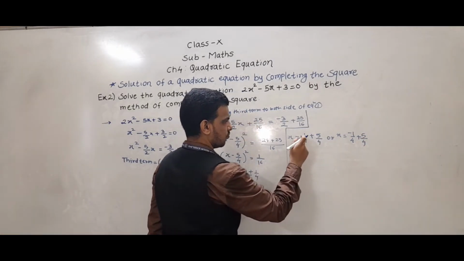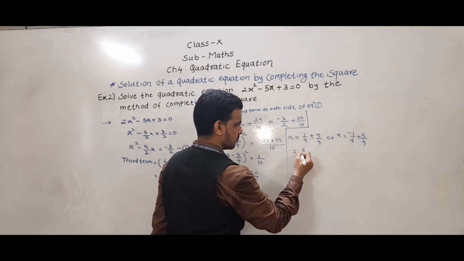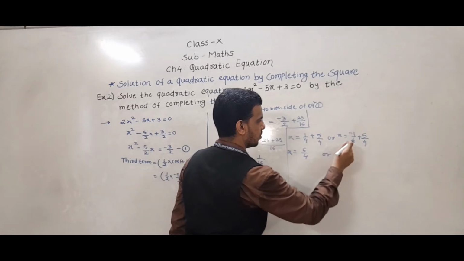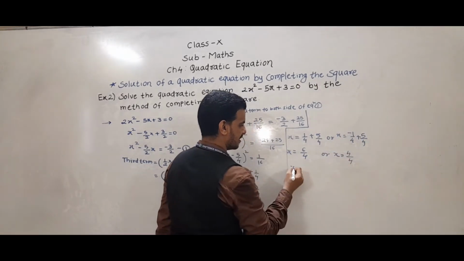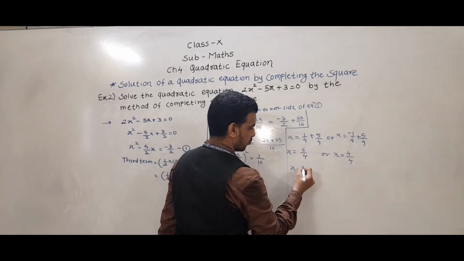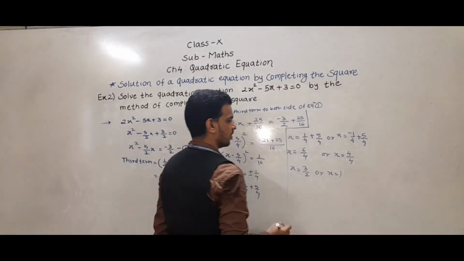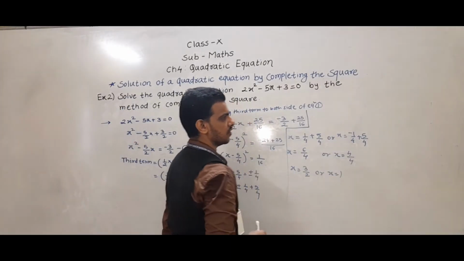So 1 by 4 plus 5 by 4, that is 5 plus 1, 6, 6 by 4, or x is equal to 5 minus 1, 4 by 4. That is x is equal to 6 by 4 means 3 by 2, or x is equal to 1. So the roots of this quadratic equation are 3 by 2 or 1.